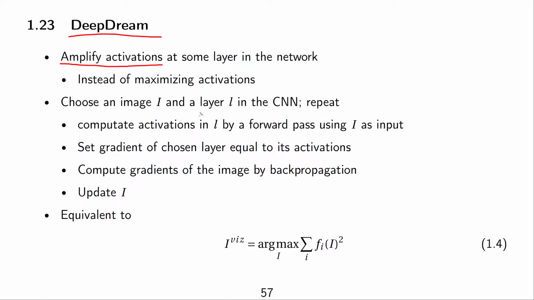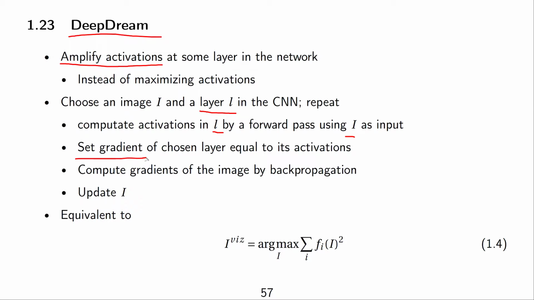So again, let's look at this as just picking a layer L in the CNN, and we want to compute the output tensor of this layer L in a forward pass using the image, and then what we want is to amplify the activation, so amplify the values in the tensor. We want them to change proportionally to how big they are.